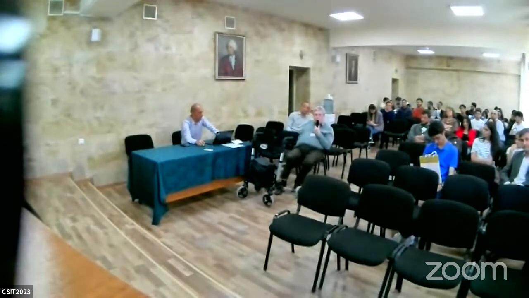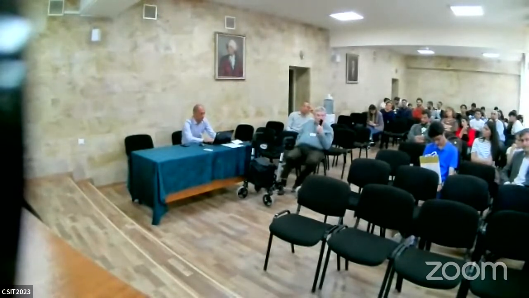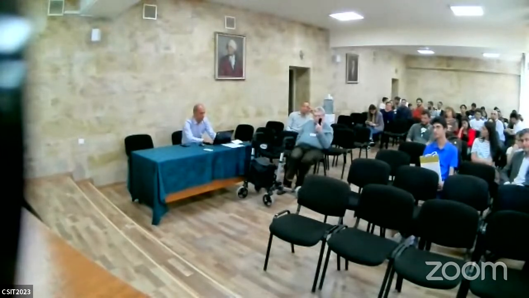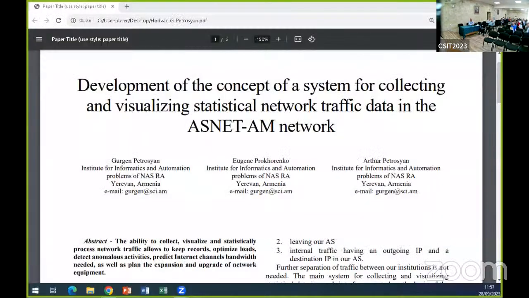By the way, there is an interesting program called Weather Map. Weather Map is a program which can show at the same time all data flow from our network to the outside and from the outside to our network.